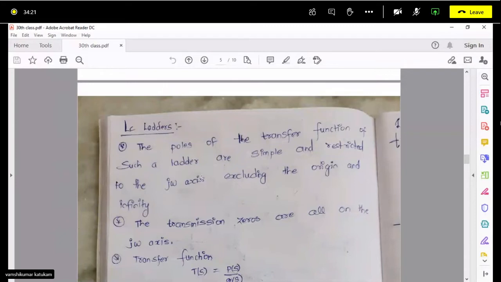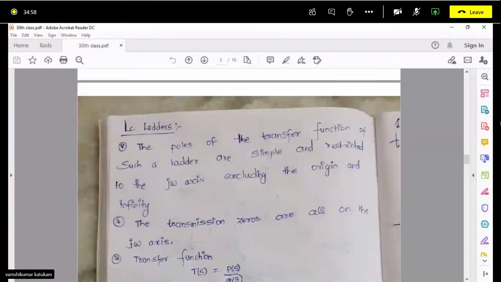We are synthesizing a driving point function for the LC ladder. The poles and zeros of an LC ladder will be on the imaginary axis, and there will not be any pole at zero. So the poles of the transfer function of such a ladder are simple and restricted to the j omega axis, excluding the origin and infinity.